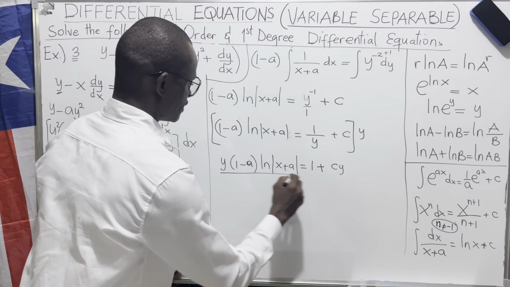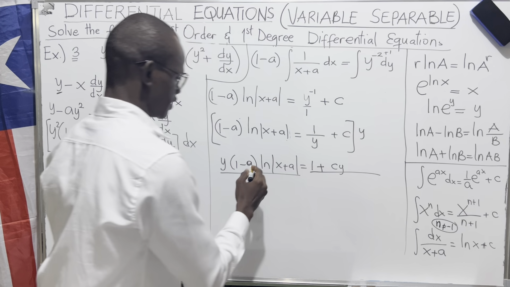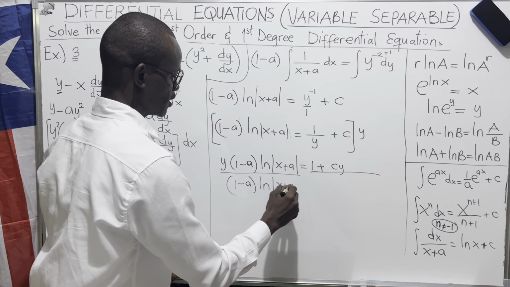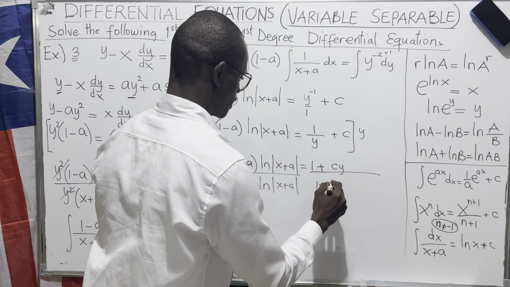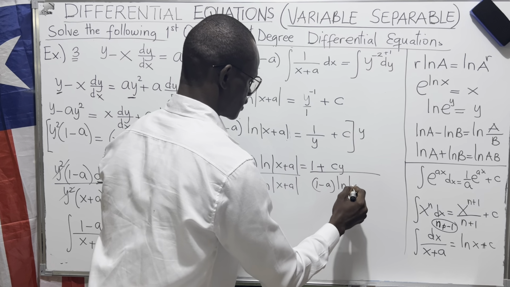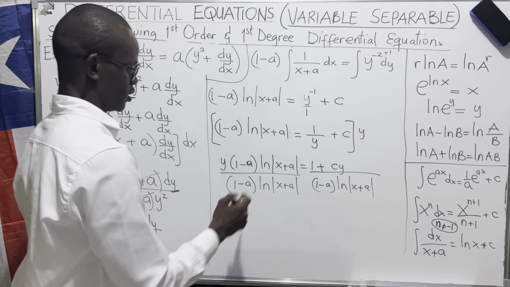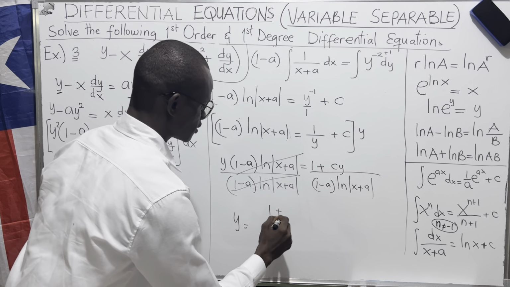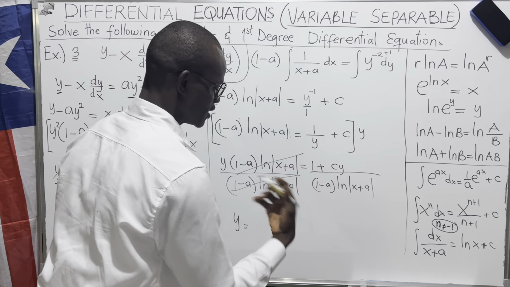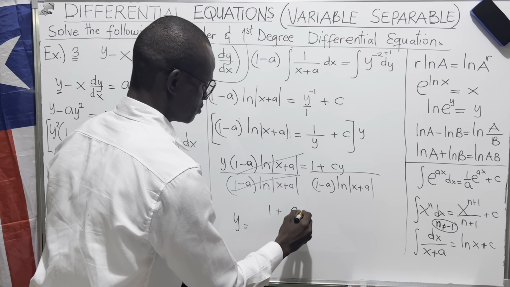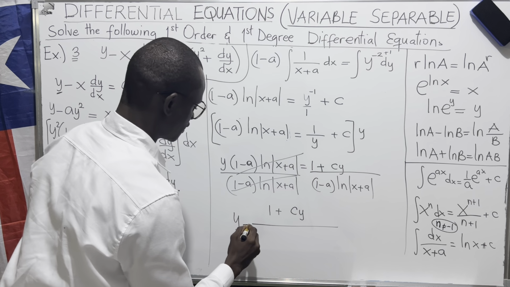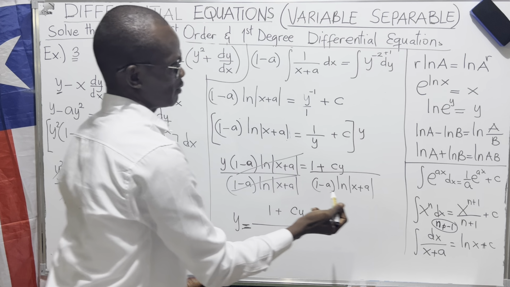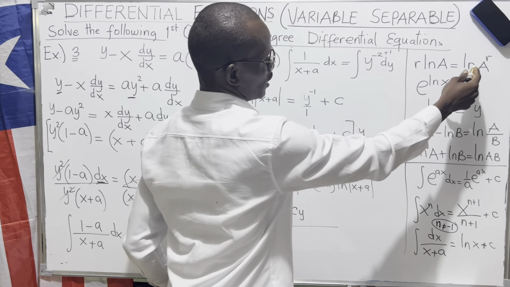The next thing now, we can divide this out by this expression, 1 minus a ln of x plus a, and divide this out by the same expression. So this will cancel this one. You have y now equal to 1 plus c, now this cy you can just say c, divided by, remember we told you r ln of a equals ln of a raised to the power r.